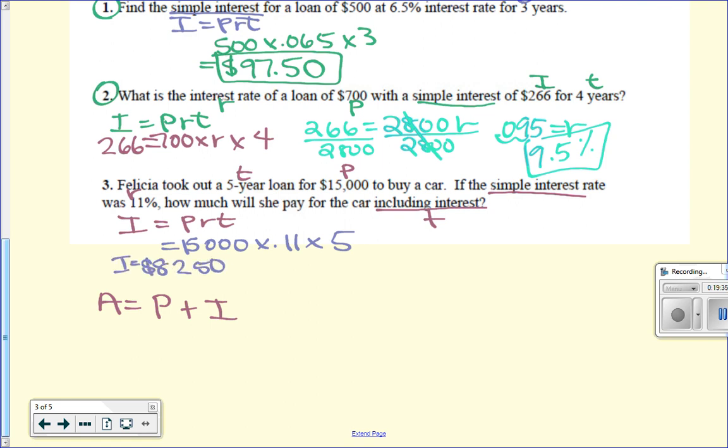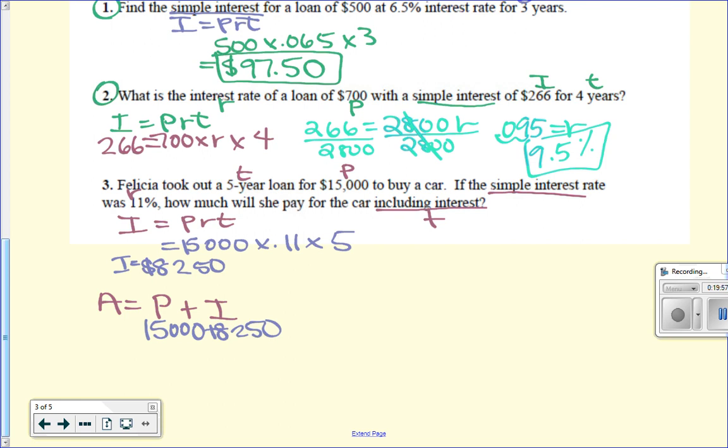Good. That's our interest. So we can substitute that in here. So interest plus our principal amount. How much is she going to have to pay for the car? She took a loan out for $15,000. She has to pay $8,250 on top of that.